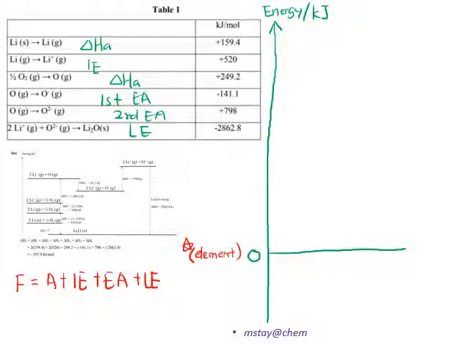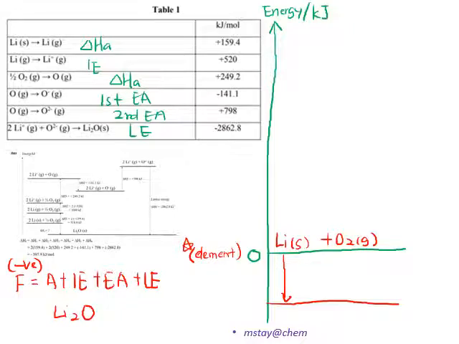Here we want to form lithium oxide, and the elements for lithium oxide will be lithium solid and oxygen gas. As we know, formation is heat release, always a negative value, so we show the arrow going down and draw one line.